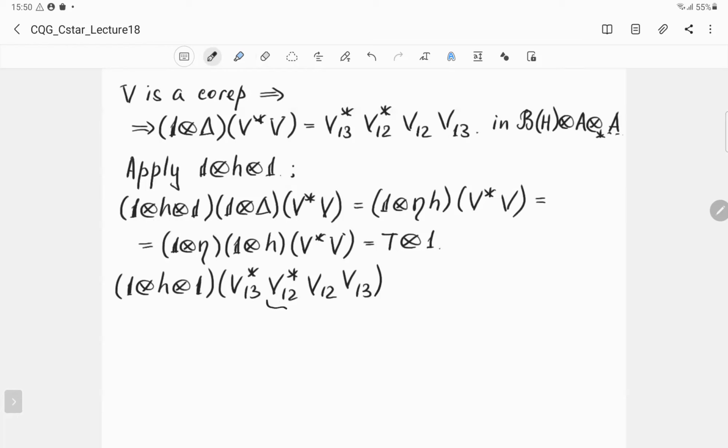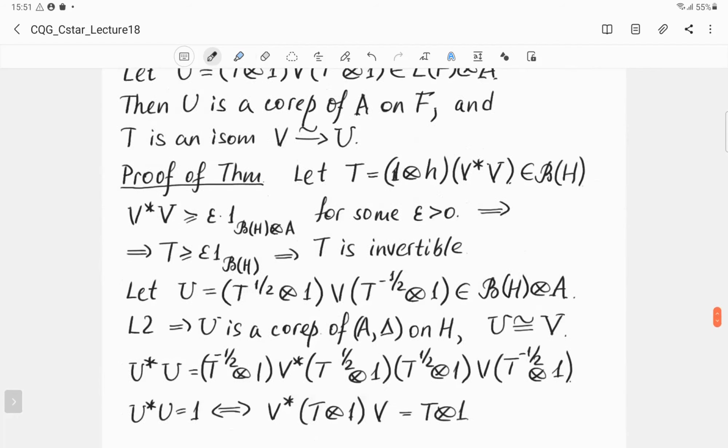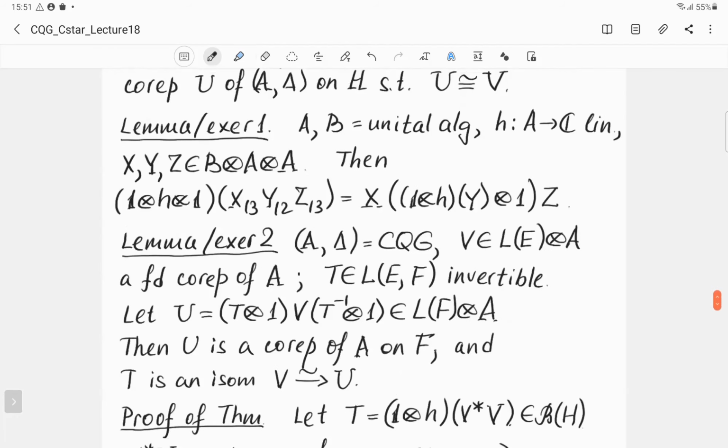Well, this element in the middle is nothing but V star V12. So we can now apply lemma 1. Let's look at lemma 1. So we're exactly in this situation. So applying this formula, we get the following.